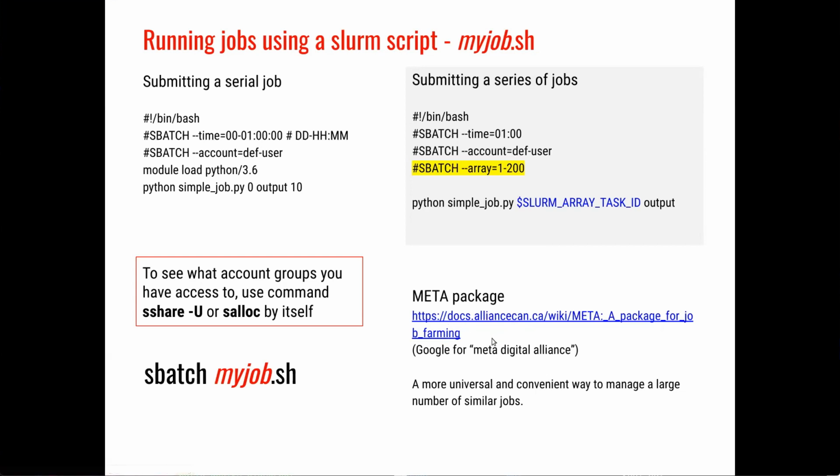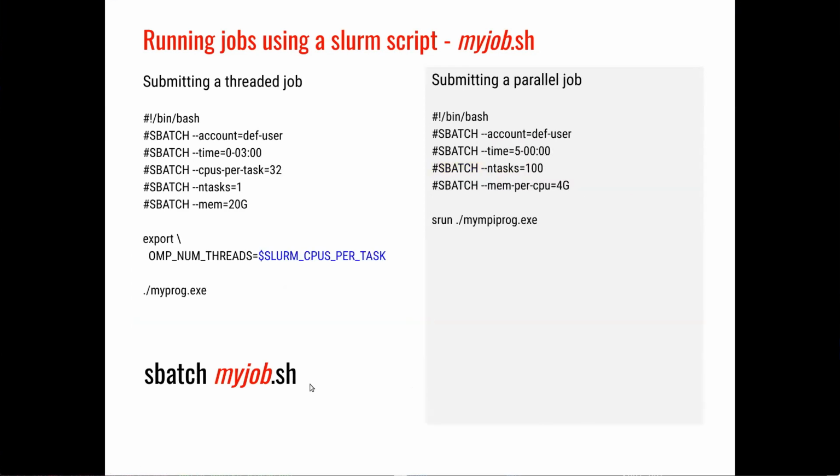This is written by one of my colleagues, Sergey Mashchenko, and you can find detailed information on how to use this package for running multiple serial jobs at once by going to docs.alliancecan.ca, a wiki page, and looking for the keyword META, a package for serial farming.